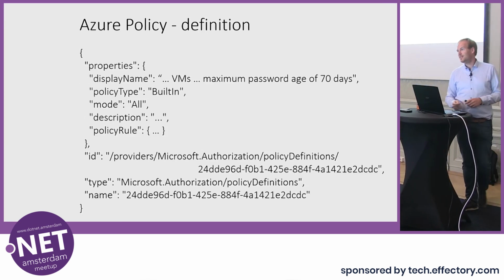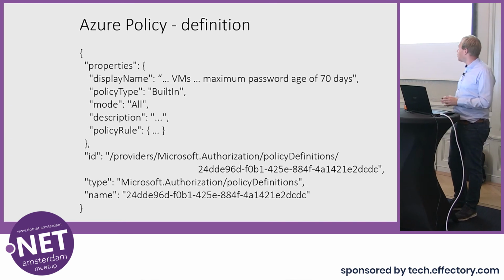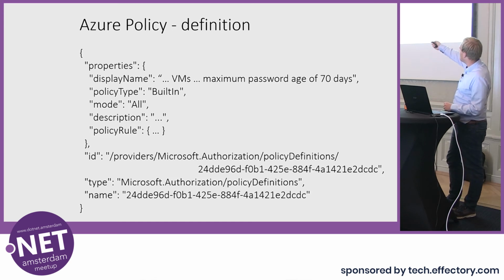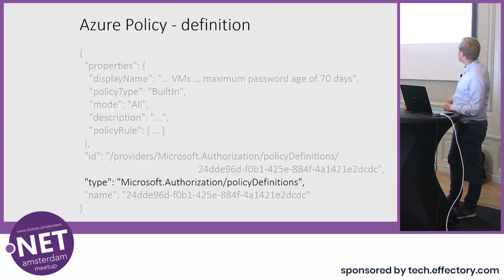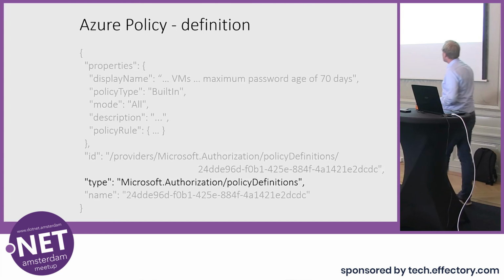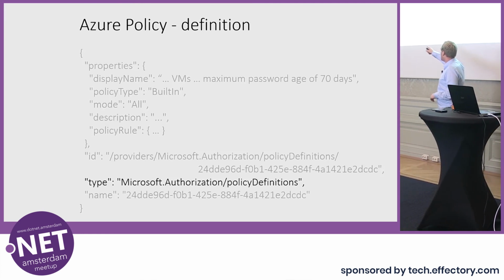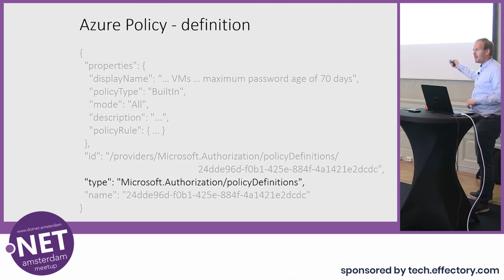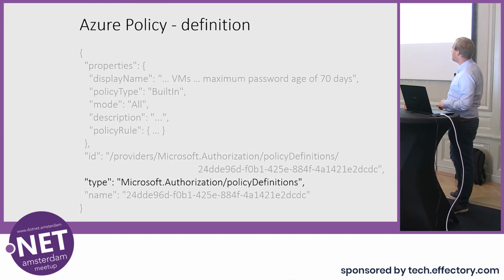Again, JSON, so pretty boring, and I think you're really JSON tired by the end of this evening. But what you can see is there's a lot of boilerplate, but in the middle there's a policy rule. So before we dive into the policy rule, again, a policy is just a resource governed by a resource provider called Microsoft authorization.